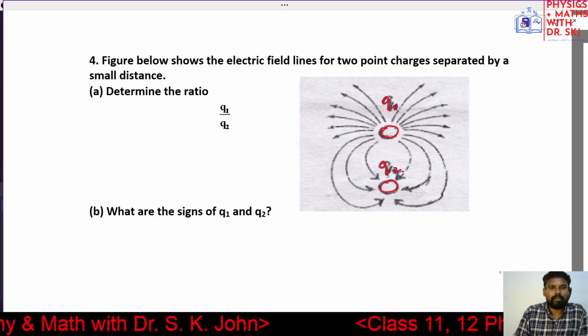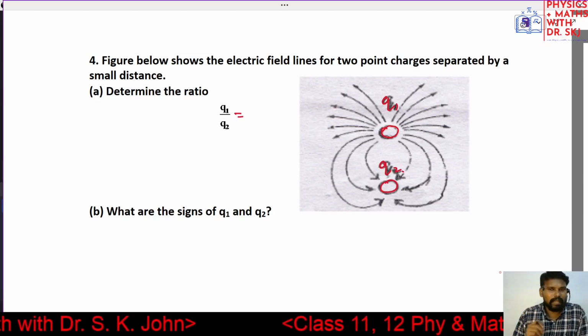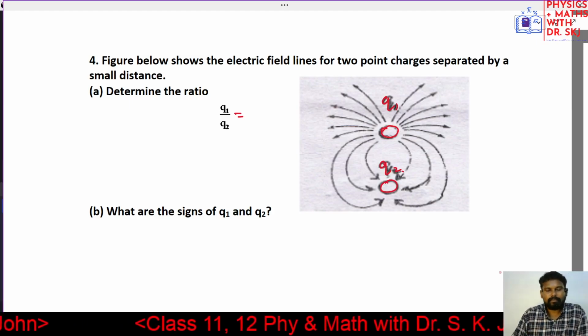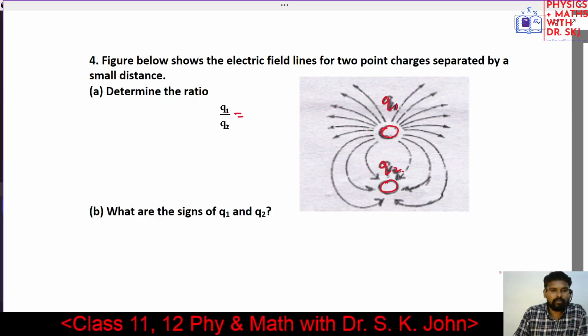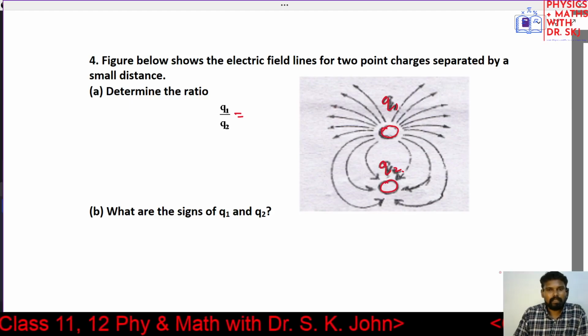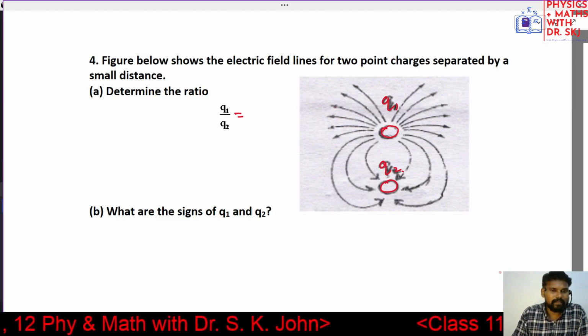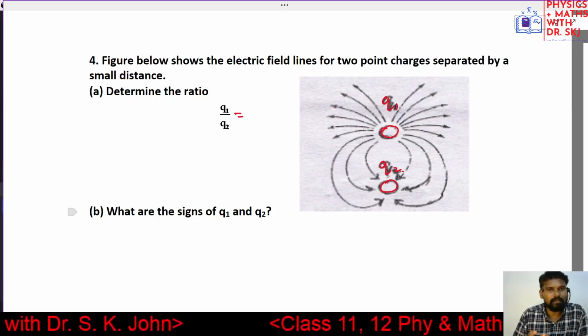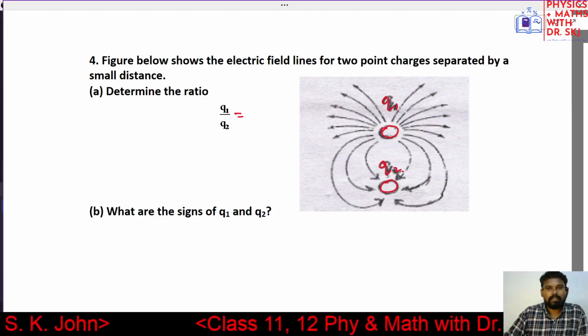Determine the ratio q1 by q2. We are asked to find a rough ratio of q1 and q2. And the second part, what are the signs of q1 and q2? Looking at the field lines, you can say the signs of q1 and q2, whether they are positive or negative.